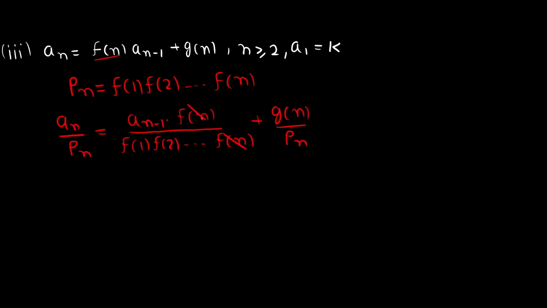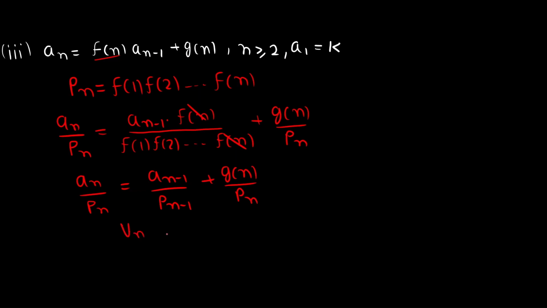Now you can see that f of n is getting cancelled. If f of n gets cancelled, the last term will be f of n minus 1, which means we will be left with Pn minus 1. An by Pn is equal to an minus 1 by Pn minus 1 plus g of n by Pn.